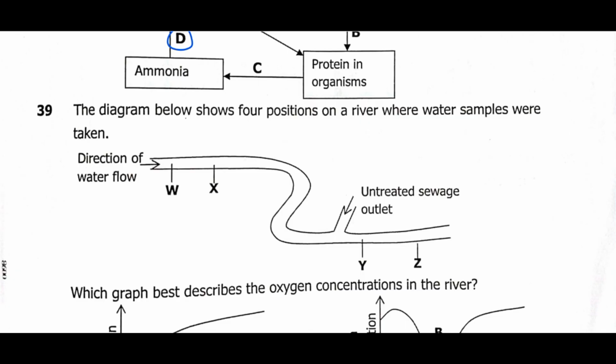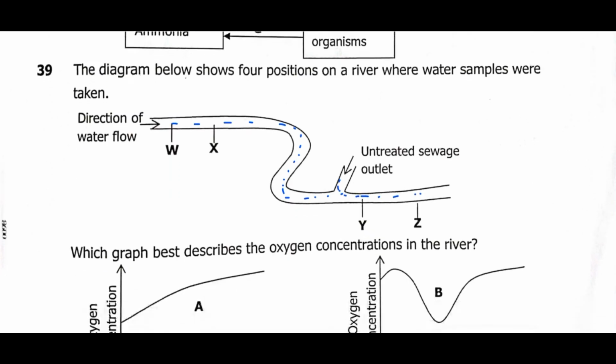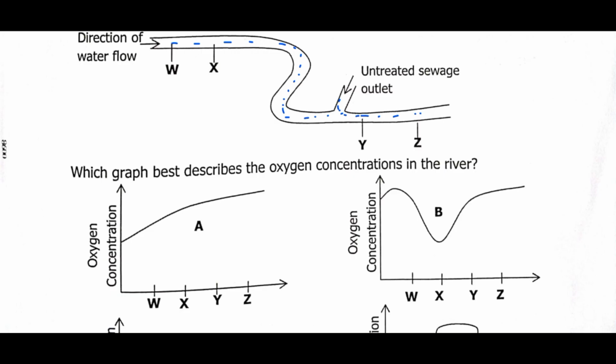The diagram below shows 4 positions on a river where water samples were taken. Direction of water. Here we can see the untreated sewage outlet. Which graph describes the oxygen concentrations in the river?